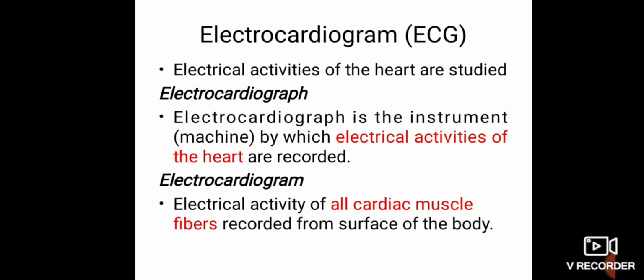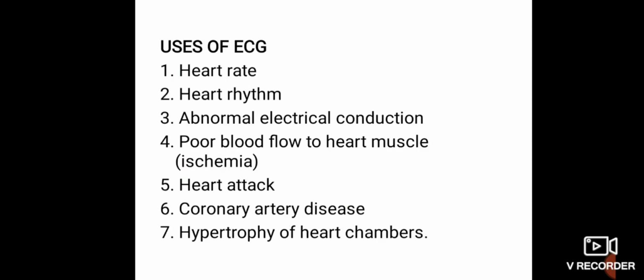ECG recording is mainly needed for people who have a deviation in their heart rate, that is, the lowest or highest heart rate. In some people there is a change in their normal heart rhythm, called an arrhythmia.